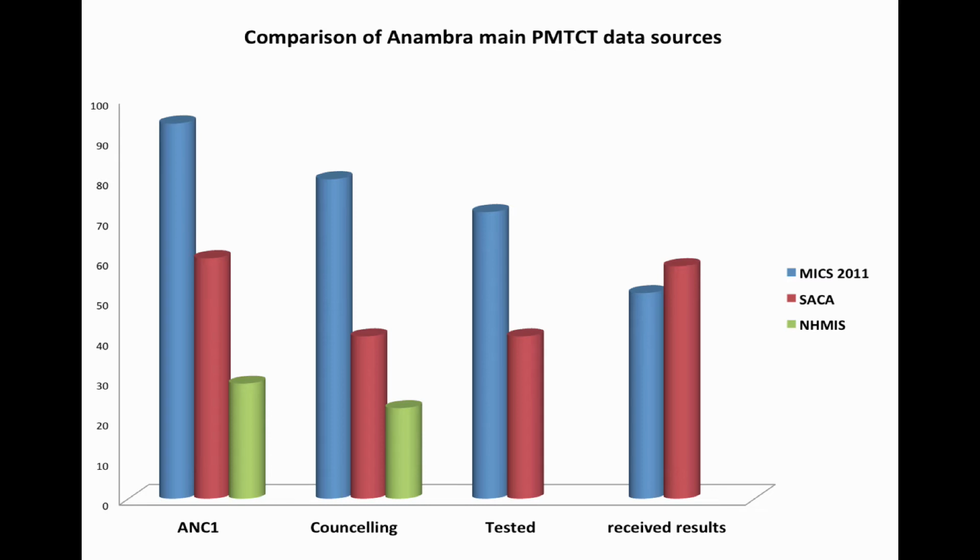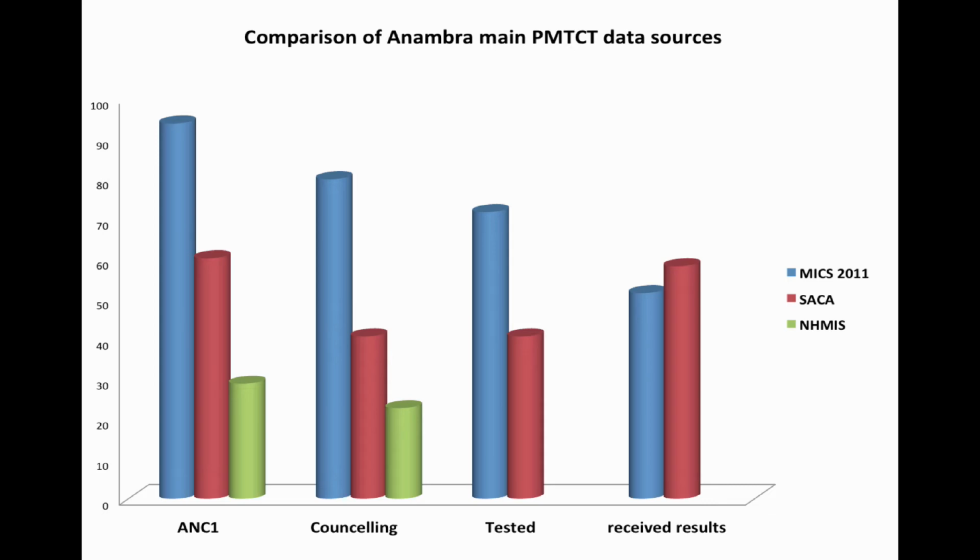For instance, while MICS shows that more than 93% of pregnant women attend antenatal care one, HMIS reports only 29%. HMIS did not report PMTCT data, such as pregnant women who were tested during ANC or HIV positive pregnant women receiving ARV for PMTCT. And the SACA system doesn't collect data on MNCH.